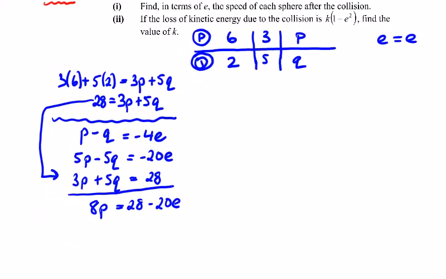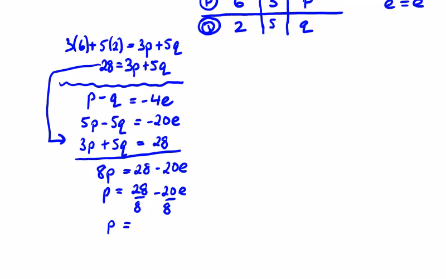I want P is going to be equal to 28 over 8 minus 20E over 8. And just simplifying that, 4 divides into both of them. So we're going to get 7 over 2 minus 5 over 2E.